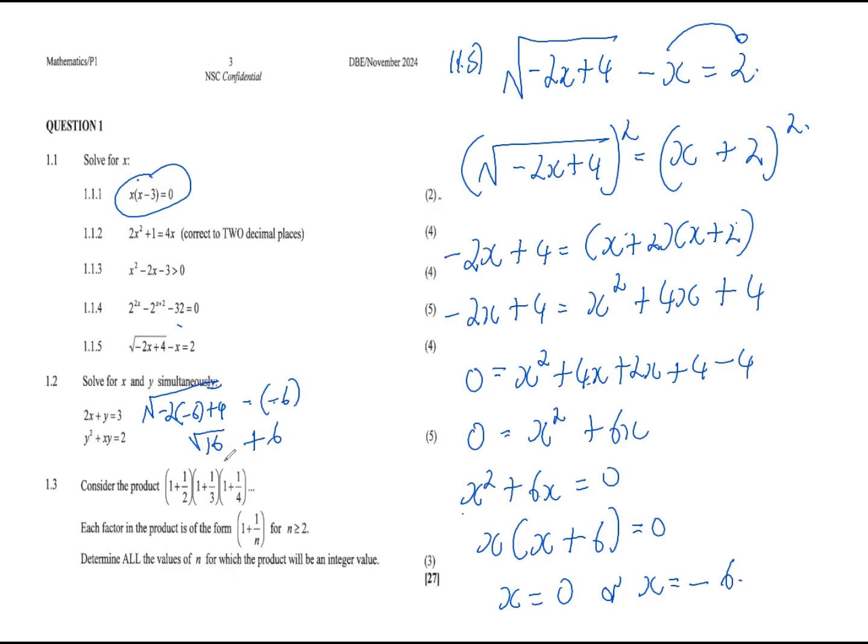Now, the square root of 16 is going to give me what? 4. And then 4 plus 6, unfortunately, gives me 10, which is not equal to this. So the left-hand side is not equal to the right-hand side whenever we are using -6. So what must we do now? We must come here and cancel off that value there.